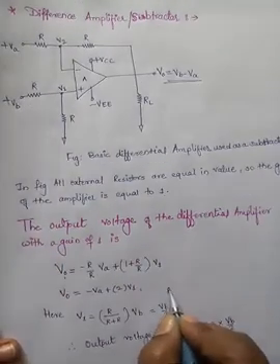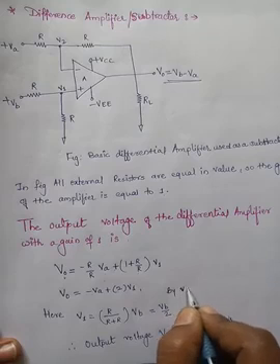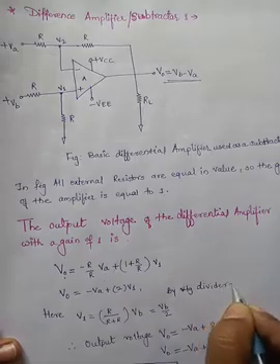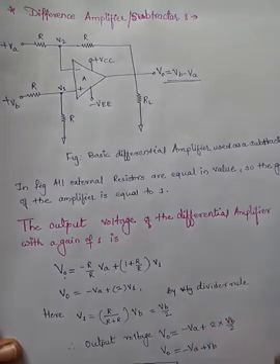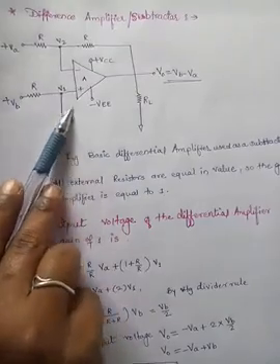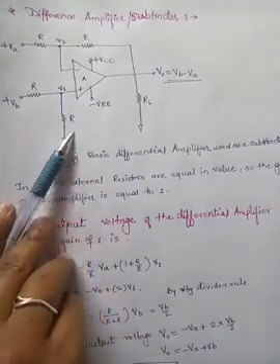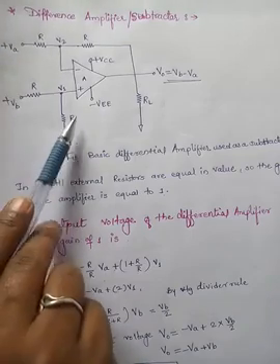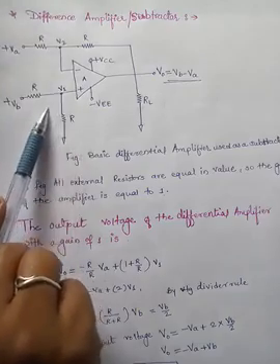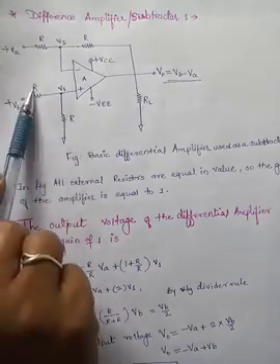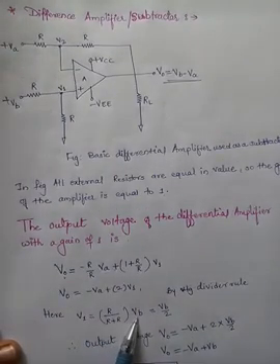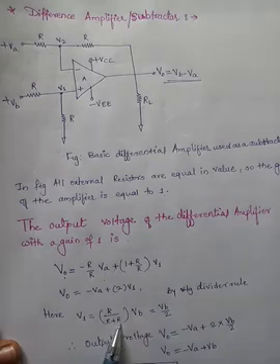The voltage divider rule says that to find the voltage across a resistor, we take this resistance divided by the total resistance of the circuit into the input voltage. Across which resistor is V1 present? R. So V1 is R divided by R plus R into VB. Again it is R divided by 2R, so it is 1 by 2. V1 is VB by 2.